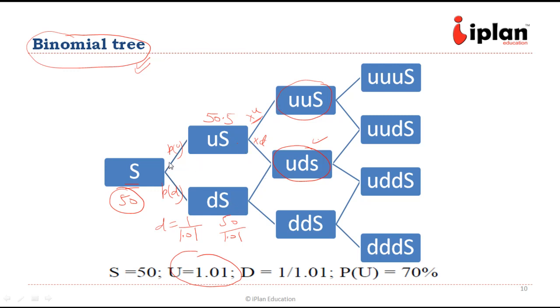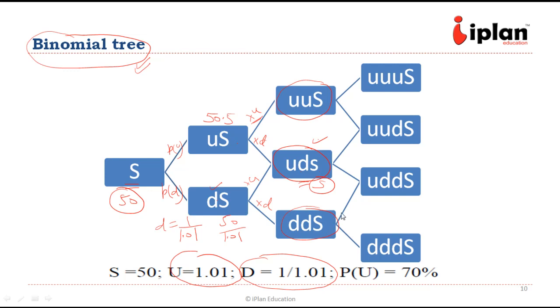So if in the first stage the stock has fallen, we have multiplied by D, and in the subsequent stage if it goes up, we multiplied by u. So u into D into S, which is nothing but S in case where u and D are inverse of each other. Again, if in the second stage as well the stock falls, we again multiplied by D, we get DDS.